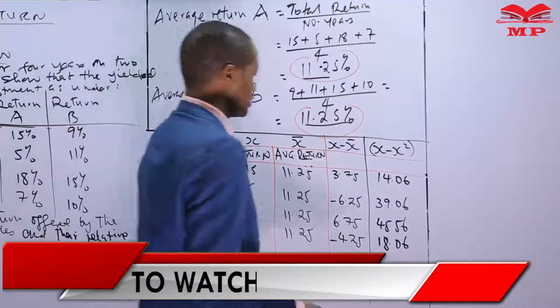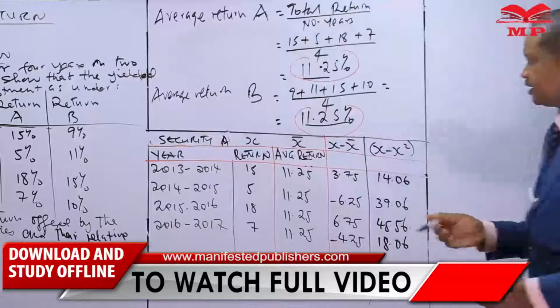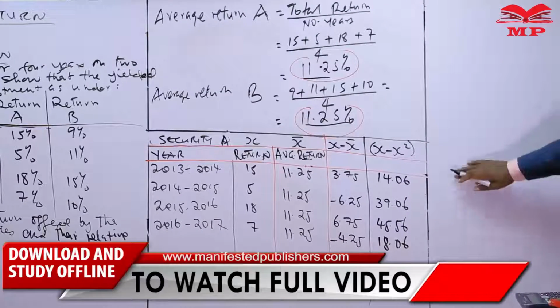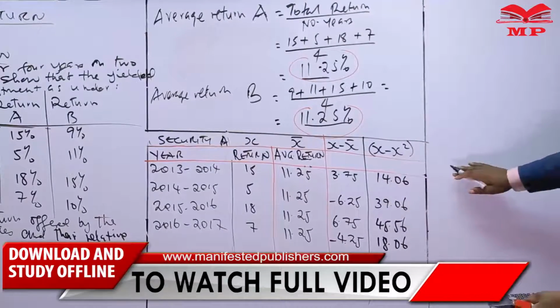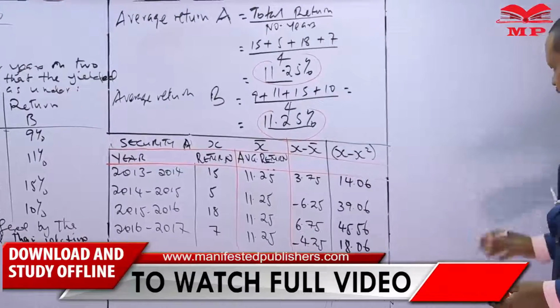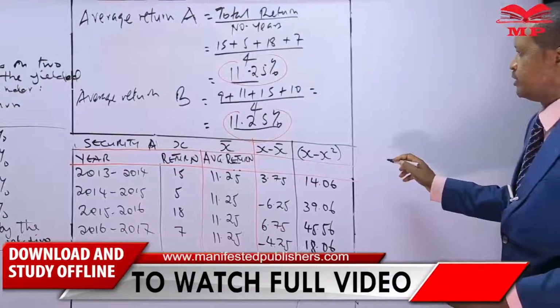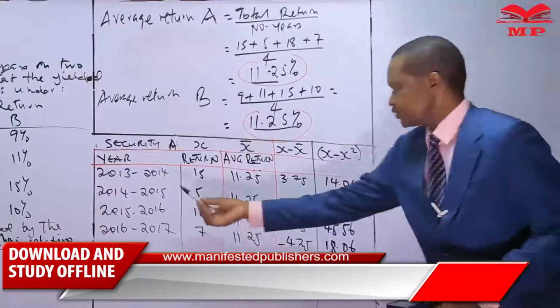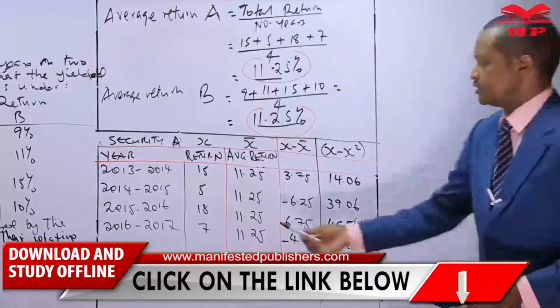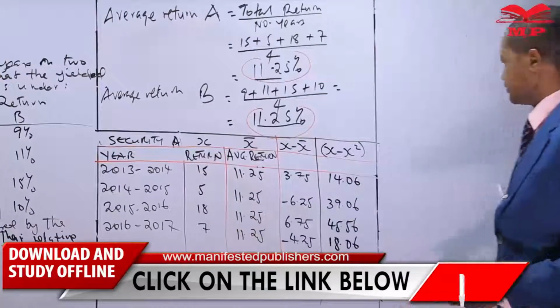You can move on to security B and do the same. So security B, the years will remain, the return is different.